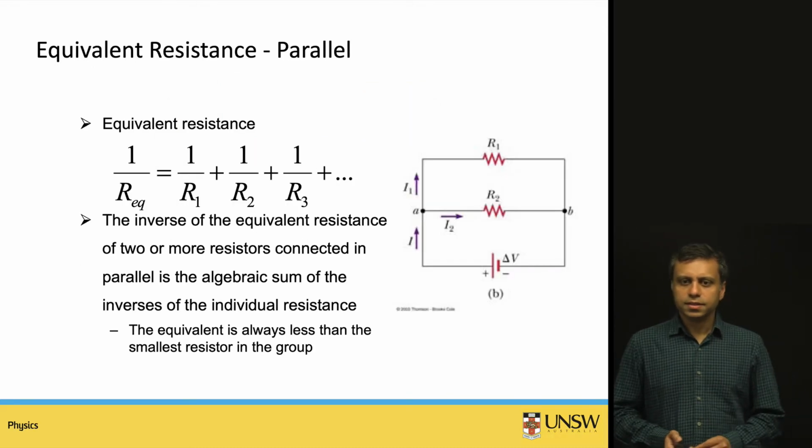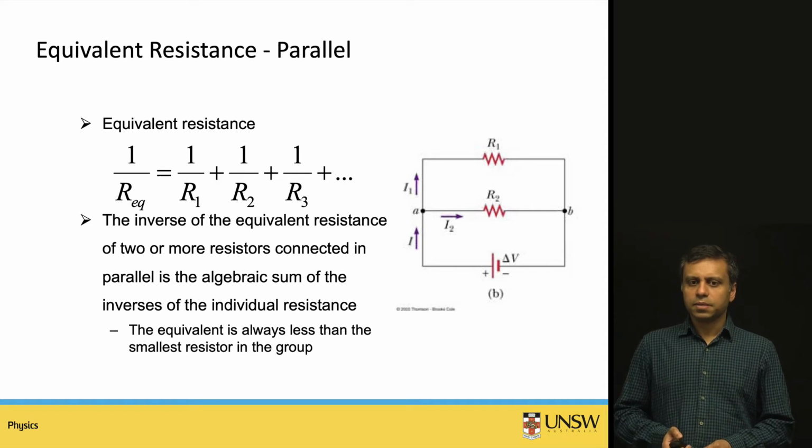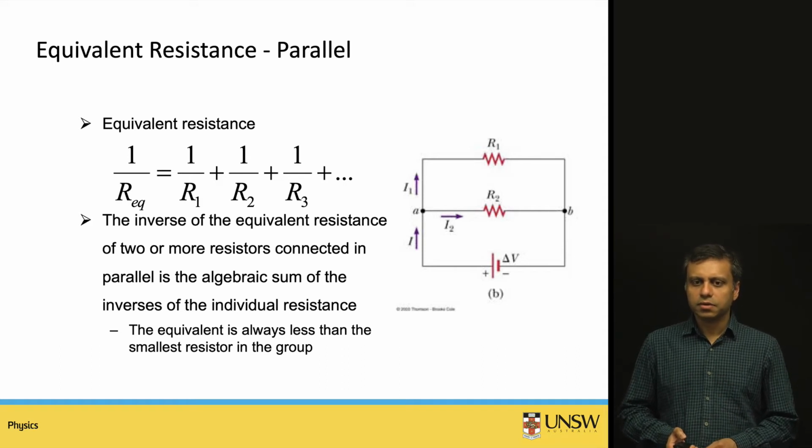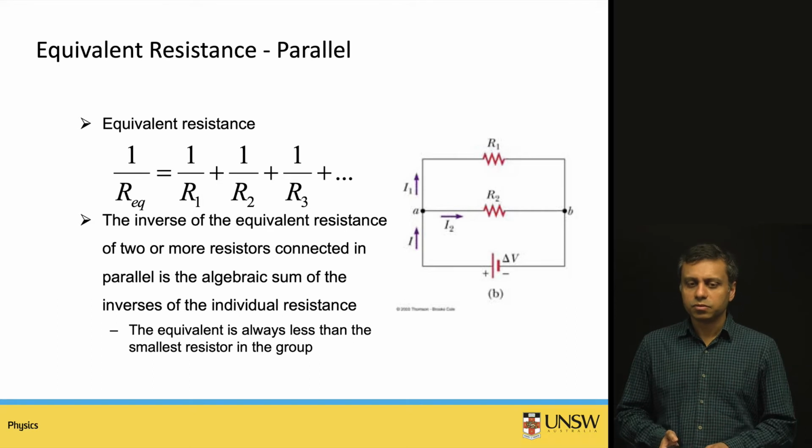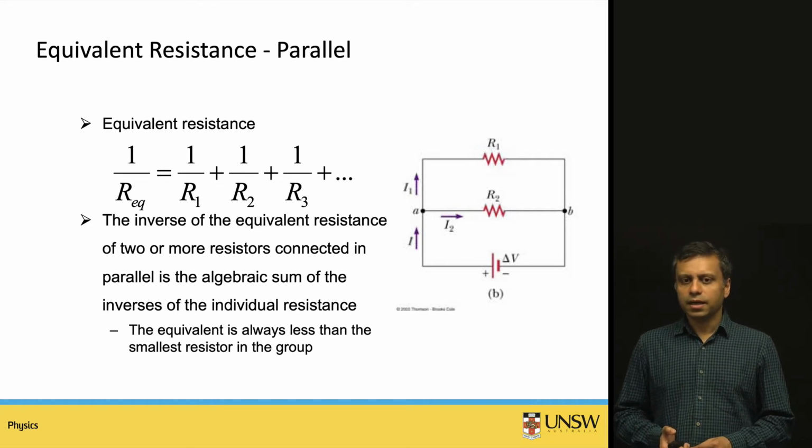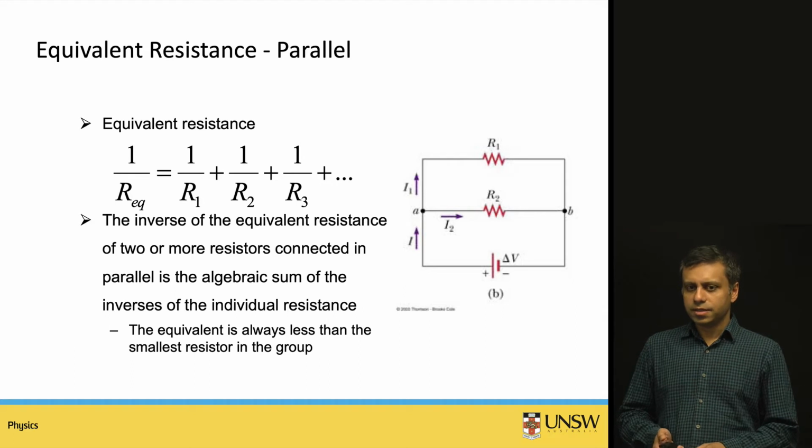Equivalent resistance. This is a formula that can be used to calculate the equivalent resistance of two or more parallel resistances. Basically, the inverse of the equivalent resistance is equal to the sum of the inverses of the individual resistances.